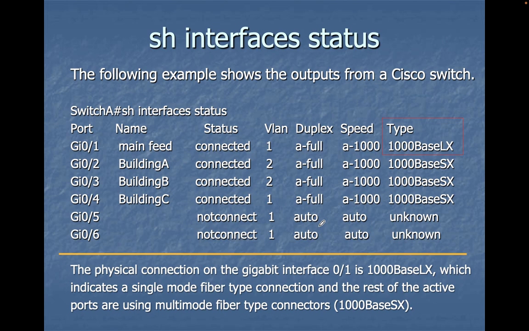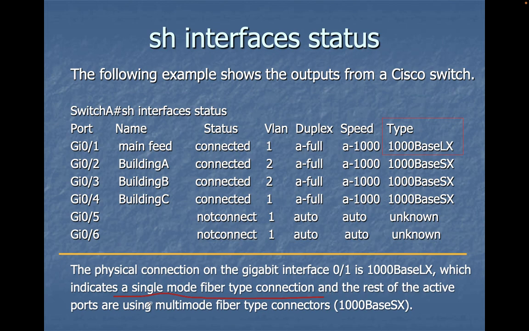Now, the physical connection on the gigabit interface 0/1 is 1000 base LX, which shows that it's a single mode fiber type of connection. LX is a single mode fiber connection. SX is a multi-mode.